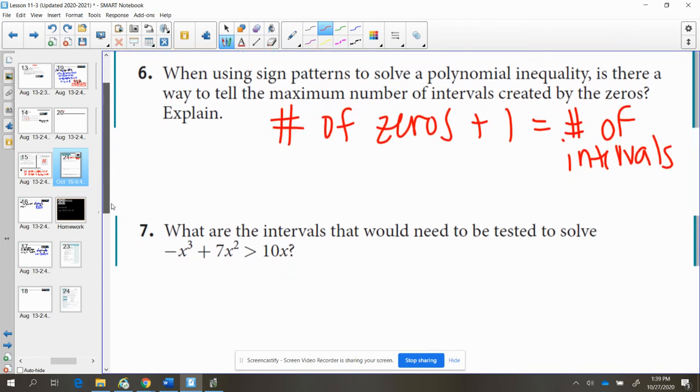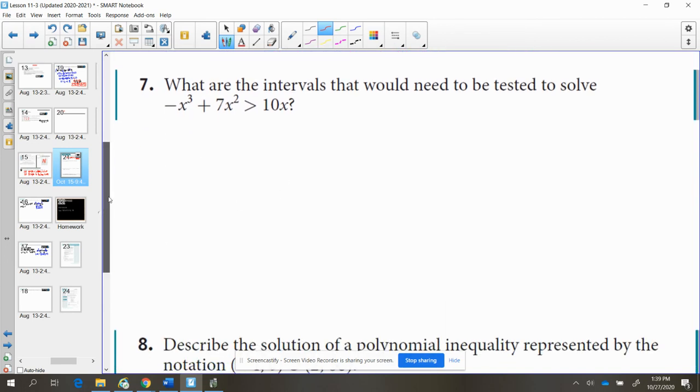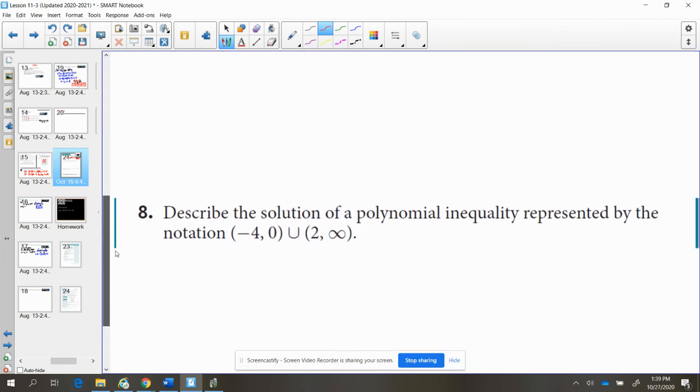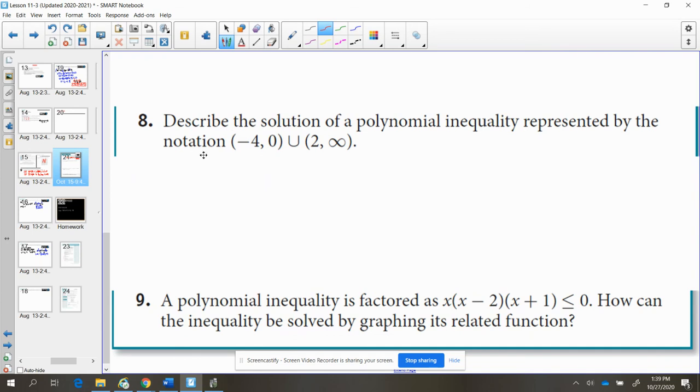So we always have one more interval to test than the number of zeros you have. And then again, when you're testing out these intervals, it's always going to be those pieces between your zeros. A reminder that interval notation is the same idea as inequality notation. When we talk about inequality notation, for example, with number 8, if we're talking about from negative 4 to 0, if we were to rewrite this using inequalities, it would look like this.